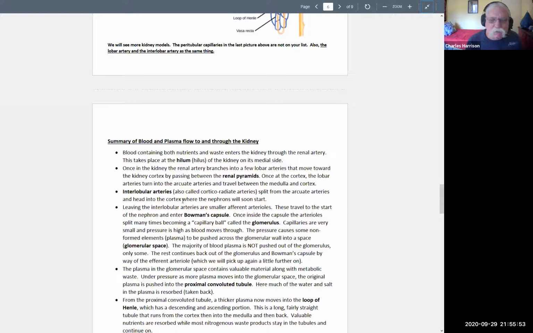Then once it's inside of the kidney, it branches into a few lobar arteries, and they pass by the renal pyramids. Once this blood, still unacted upon, reaches the cortex, it turns and splits the medulla and the cortex at the arcuate arteries, and it travels between the medulla and the cortex.